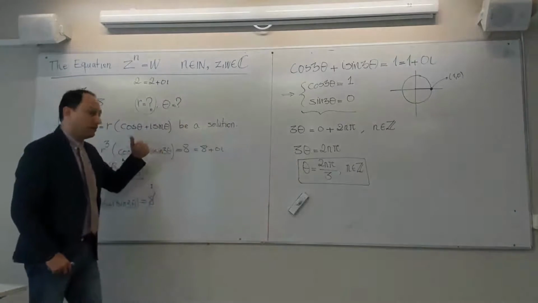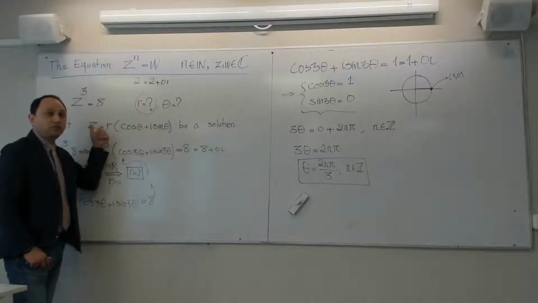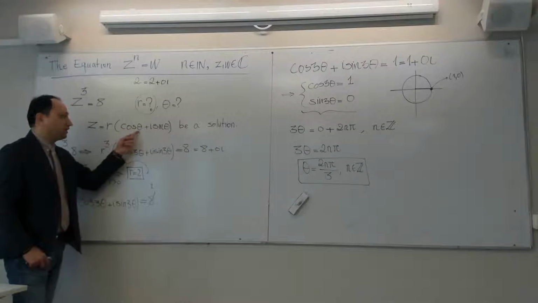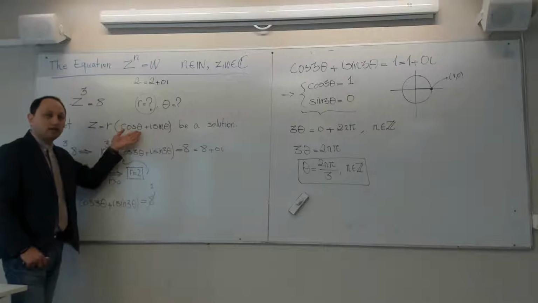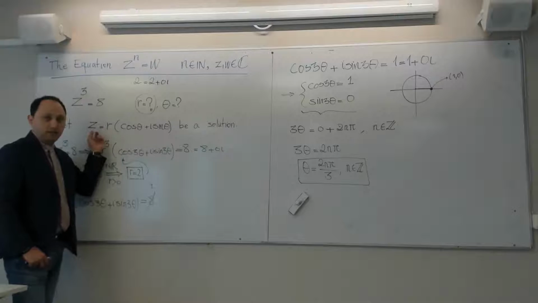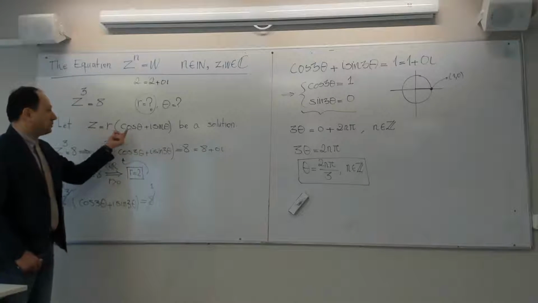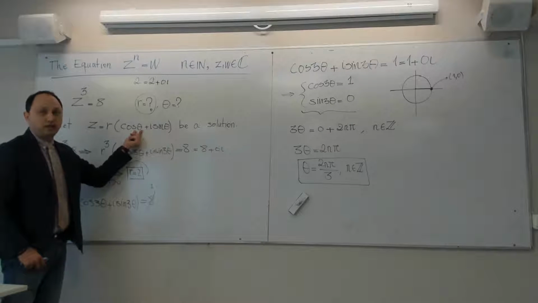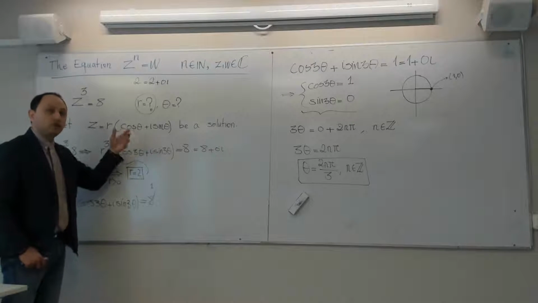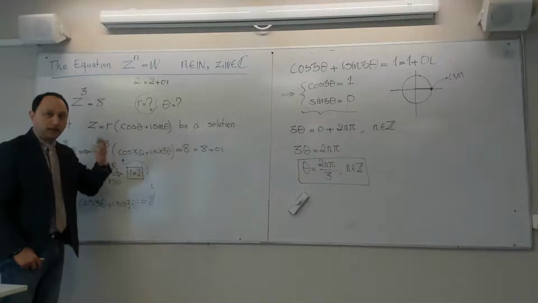My final goal is to find z. For finding z, I need to find r and theta. So what matters at the end for me is not theta, it is z. Why am I saying this? Because z is expressed not in terms of theta directly. It is expressed in terms of cosine and sine of an angle.